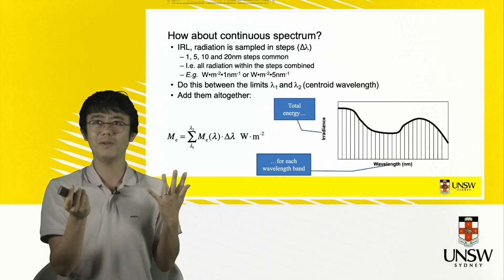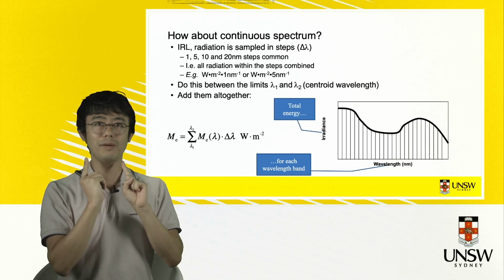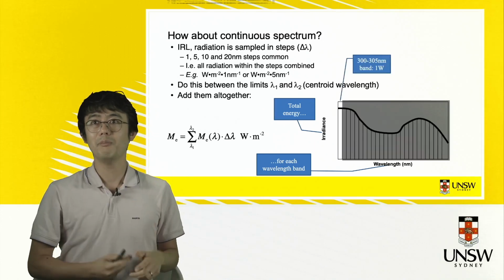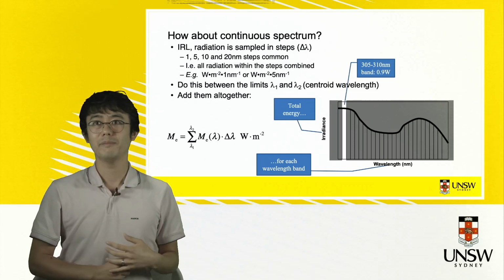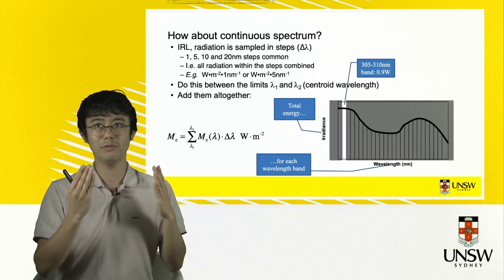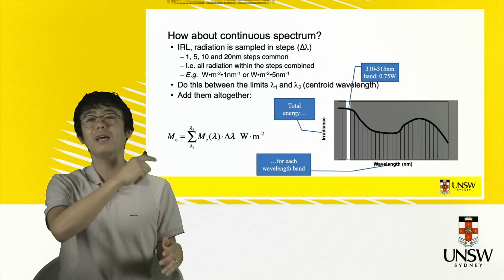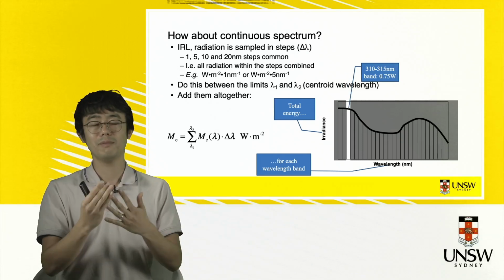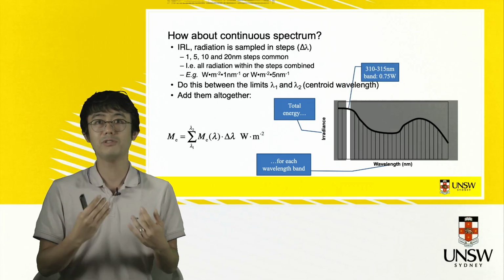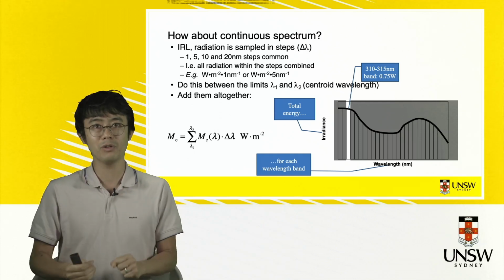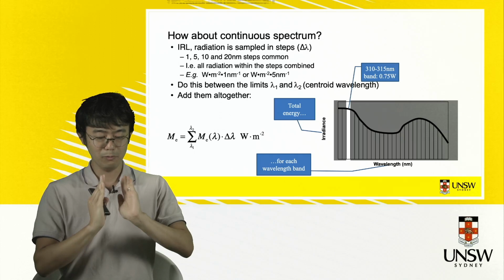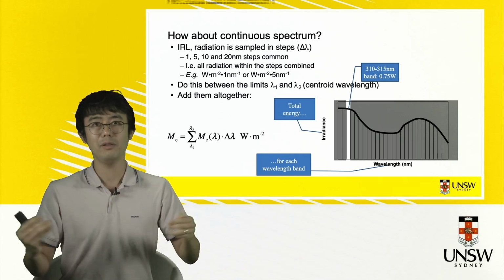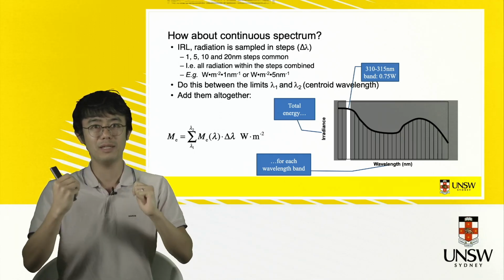You take the first 5 nanometer band, for instance, and measure how much watt of energy there is. Take the second band, measure how much watt of energy is there, the third one, etc., add them all together. Divide the spectrum into 5 nanometer steps, measure the wattage for each step, and then add them together. That's how it's usually done in the lab.